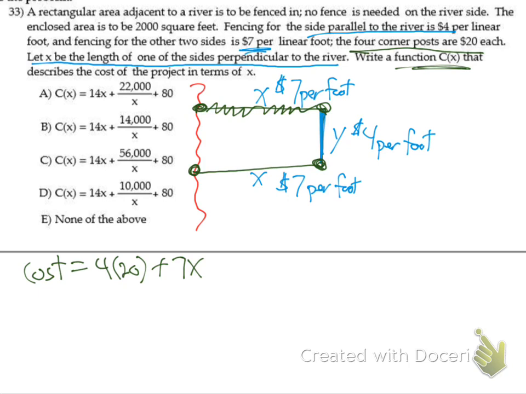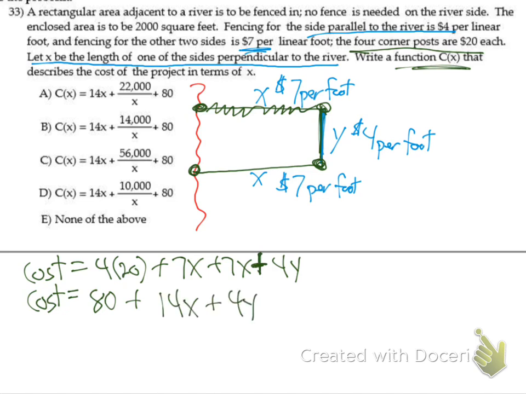And the bottom is also 7x. And the right side? 4y, because it's y feet at $4 per foot. So clean that up. That's 80 plus 14x plus 4y.